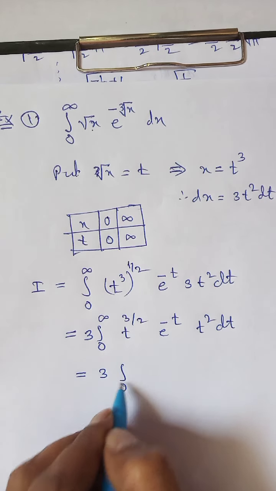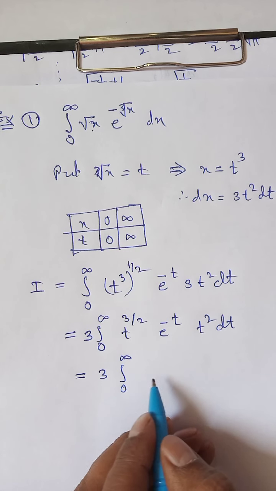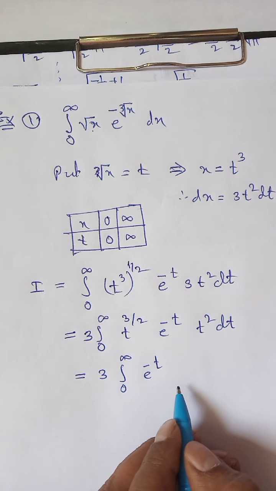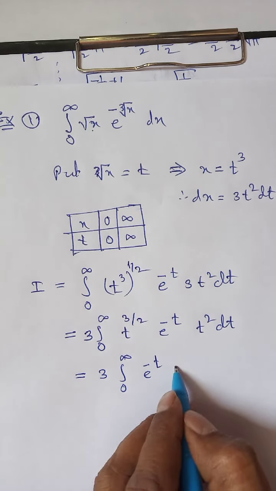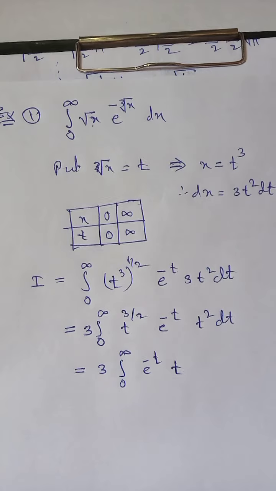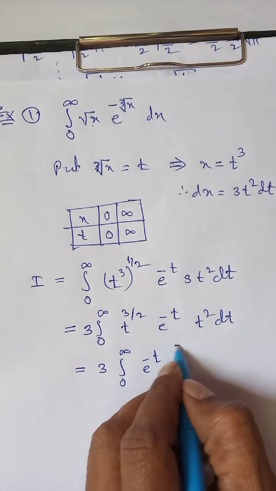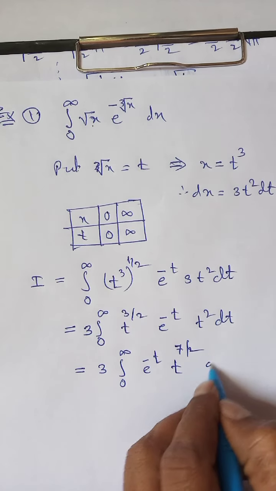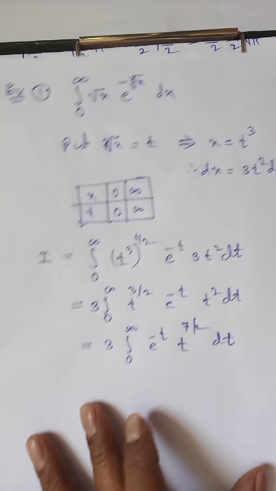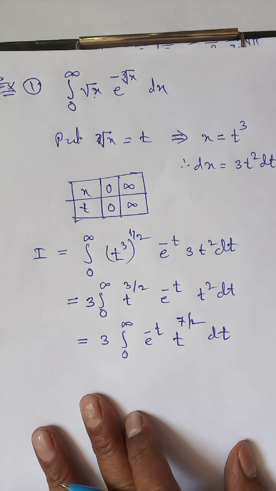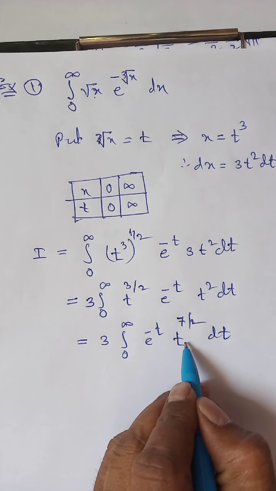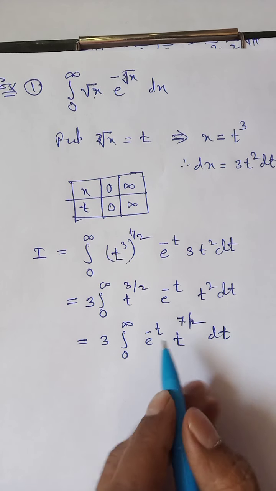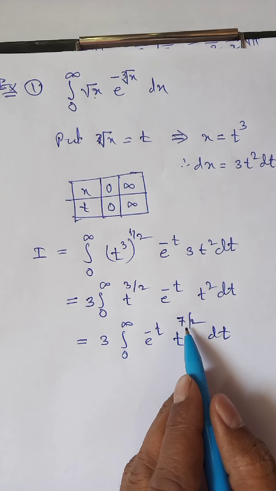So it is 3 integral from 0 to infinity e to the power minus t. Now here t to the power 3 by 2 into t square is t to the power 7 by 2 into dt. Alright. So if we compare it with the gamma function, we have exponential function and algebraic function. The algebraic function has power in the form of n minus 1.